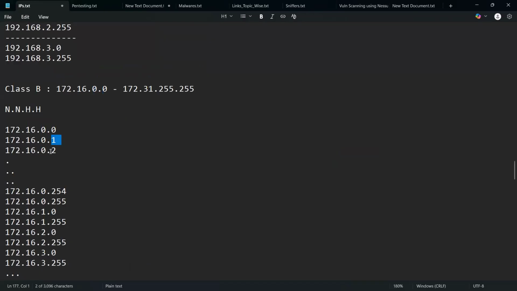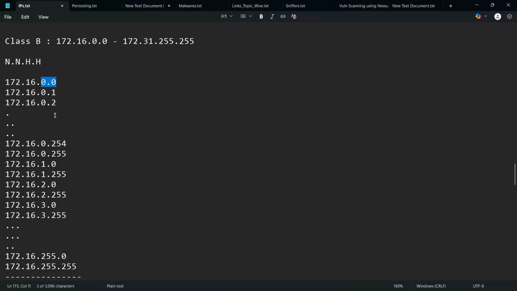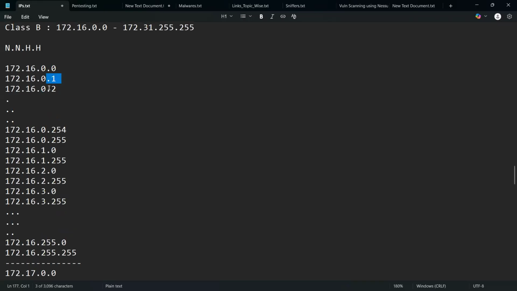As long as the host value is changing, it just indicates a change in the host or the device. Whenever the network value changes, it indicates a change in the network itself. Now when you take this IP 172.16.0.0, the last two portions are host portions. After 0.0, you have 0.1, 0.2, 0.3, 0.4, 0.5, all the way up to 0.255.